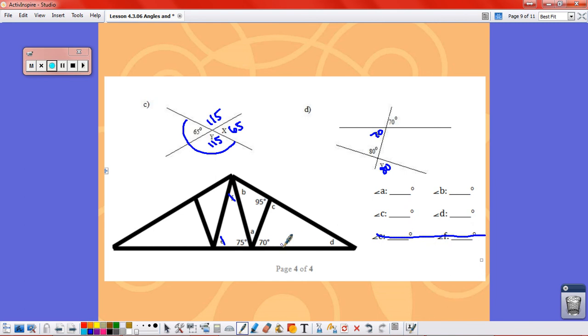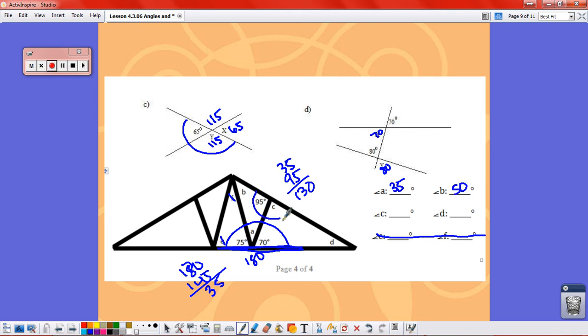We're going to find A, B, C, and D. These angles together make 180 degrees, because they make this straight line right here. So 75 and 70 is 145, so A has to be 35, because 180 minus 145 is 35. B, if this is 35 and this is 95, together that makes 130, so B has to be 50 degrees.